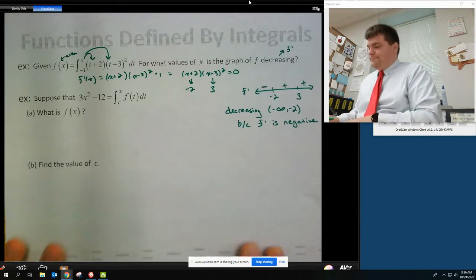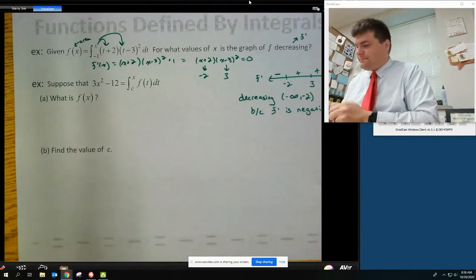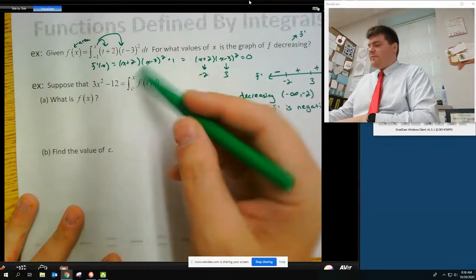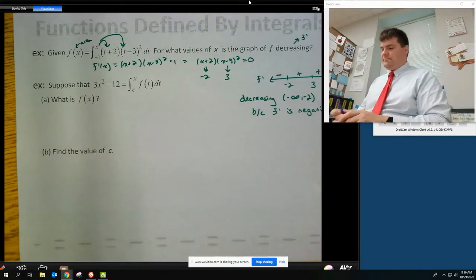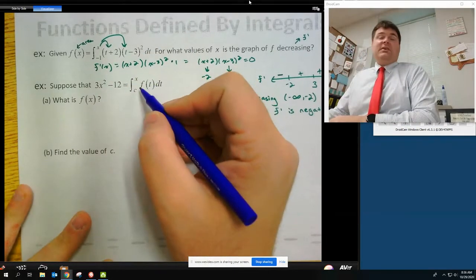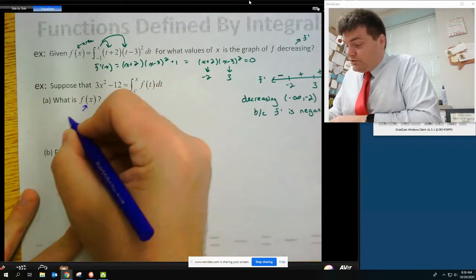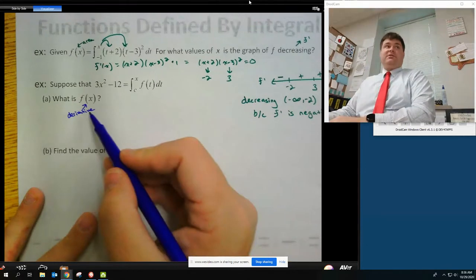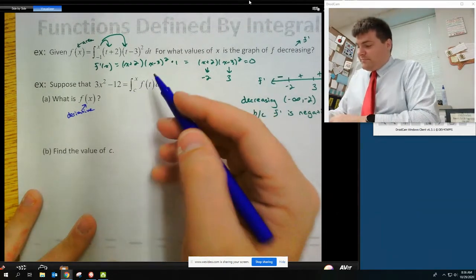All right, next one. So suppose that we have 3x squared minus 12, and this equals an integral. Okay, what is f of x? So in this case, because I'm giving you a function of area, this is actually the derivative of my function of area.